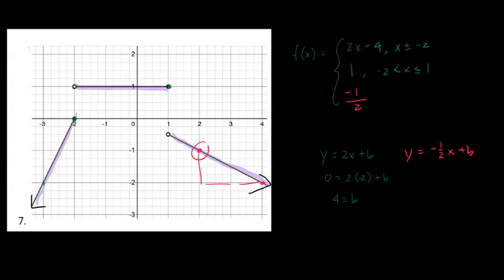I'm going to put in this point right there, 2, -1. So we have -1 equals -1 plus b. So b equals 0. The y-intercept is at 0. And x is greater than 1. Okay? Good job.